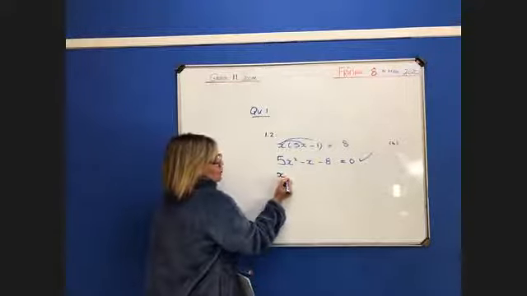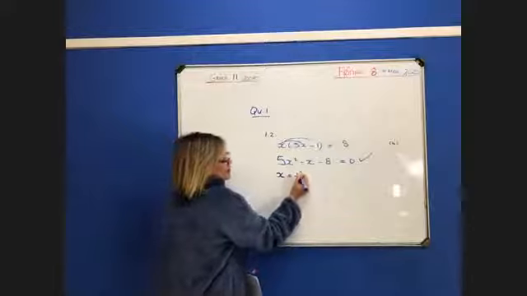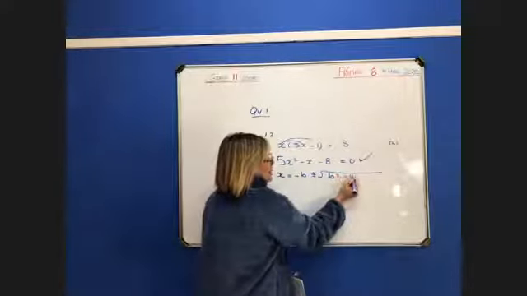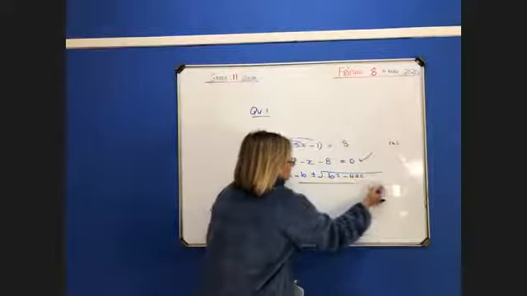So the quad formula goes minus b plus or minus the square root of b squared minus 4ac all over 2a.